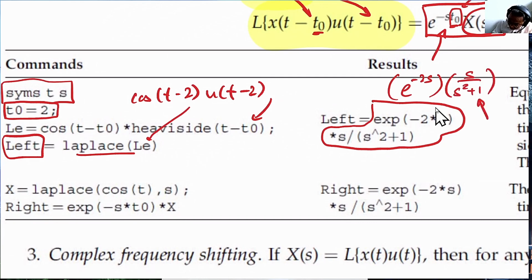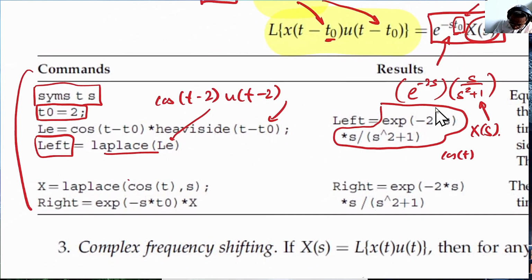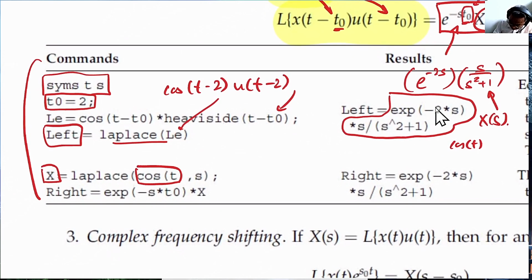This would be X(s), which is the Laplace transform of cos t. And is it true? Well, we insert cos t, we perform the Laplace transform, and we'll see that indeed this expression that I highlighted is the Laplace transform of cos t.